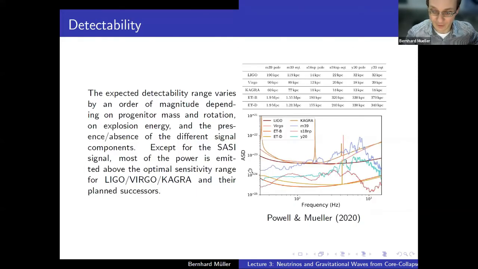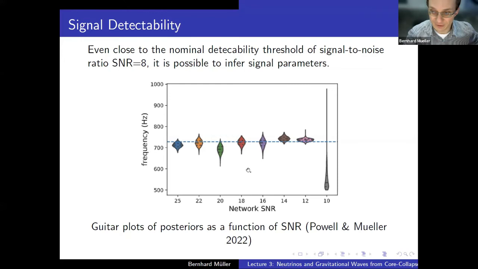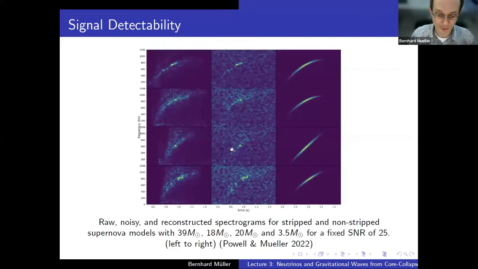Yeah, and there is some chance that even for moderate signal to noise, that might mean you could get that even for advanced LIGO for a galactic supernova, you could do some inference and actually pin down the frequency of this dominant mode and time it as well.